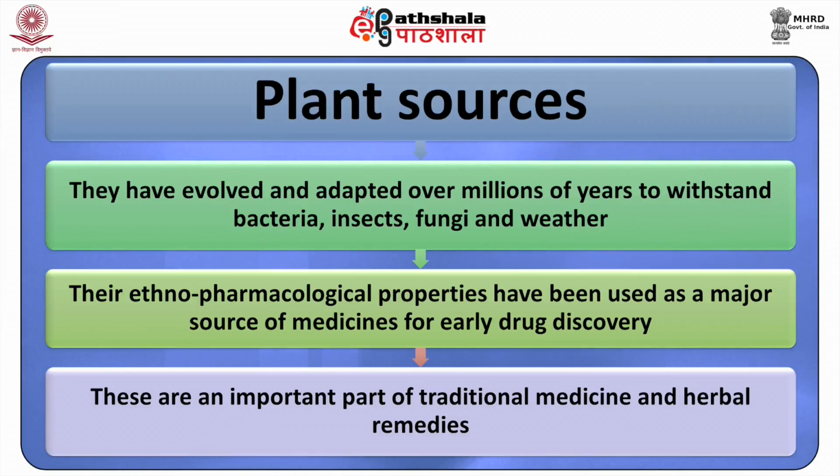Their ethnopharmacological properties have been used as a major source of medicines for early drug discovery. The use of plants as medicines has a long history in the treatment of various diseases. These still are an important part of traditional medicine and herbal remedies.